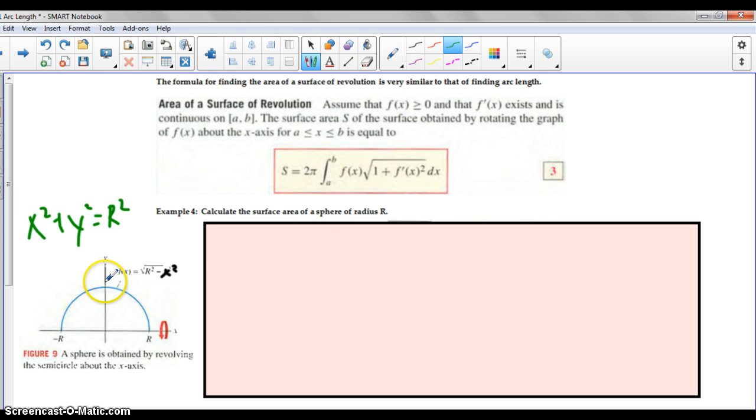And to get the top part of the circle, we solve it for y. We're going to get a plus or a minus because we're taking a square root. And when we do that, we want to take the positive half. So we have the square root of r squared minus x squared. That would be the equation for the top part. If we rotate this about the x-axis, we can get a sphere. And we can use this formula to calculate its surface area.